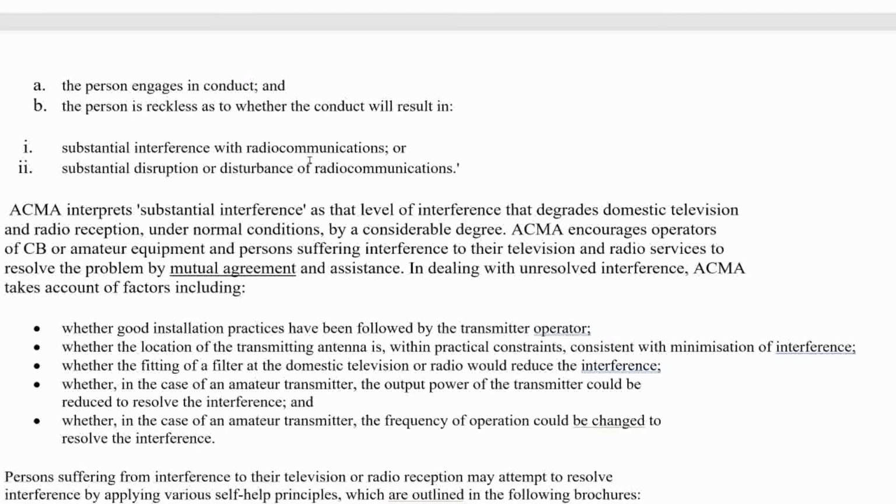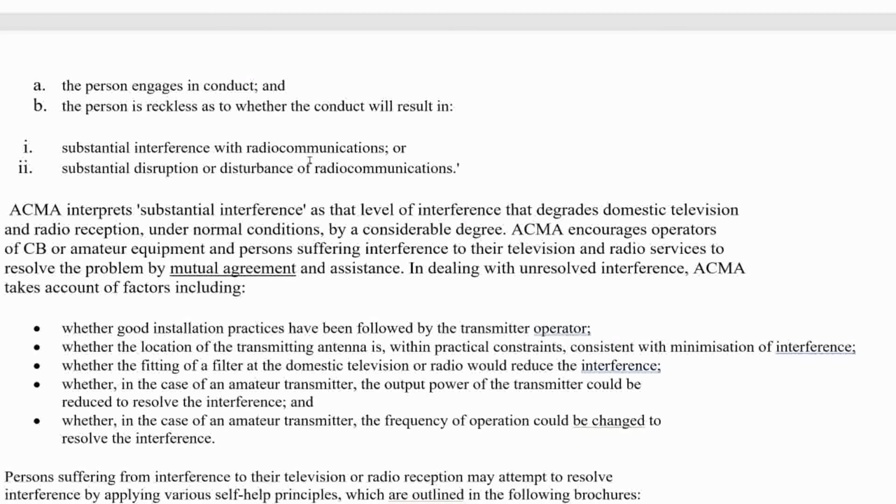So if Joe Bloggs Real Estate down the road from you has got a two-way radio service, that's a licensed radio communication service, and when you're transmitting, they receive interference, you have to stop transmitting. That does not mean it's your fault.